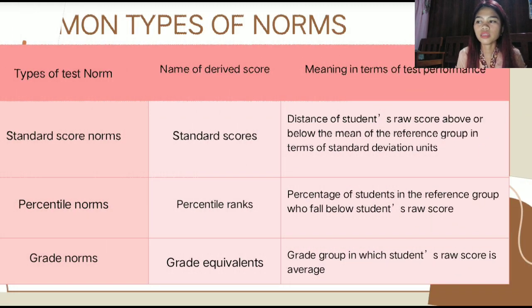So let's proceed to the common types of norms. We have here the types of test norms: the standard score norms, percentile norms, and the grade norms. The names of the derived scores are standard scores, percentile ranks, and grade equivalents.